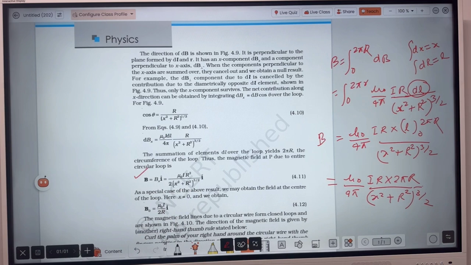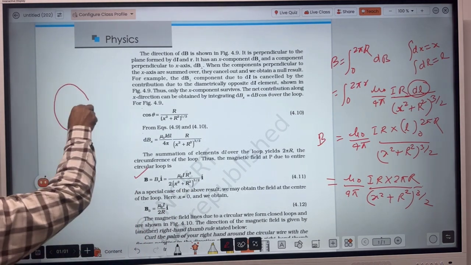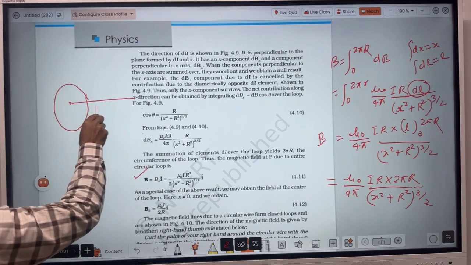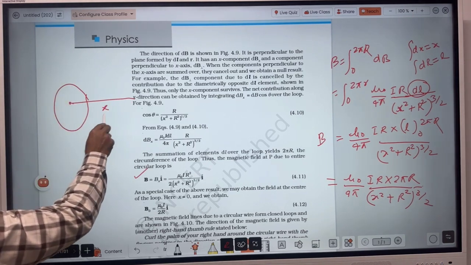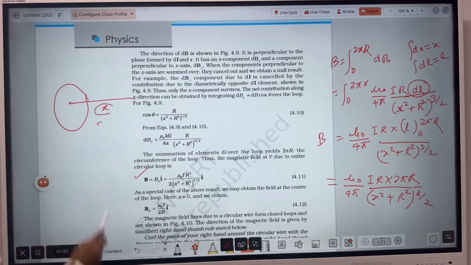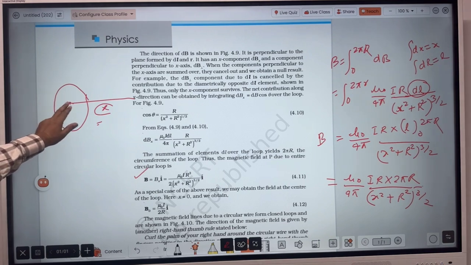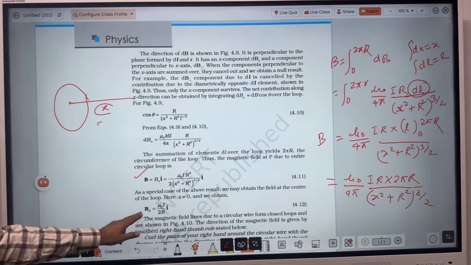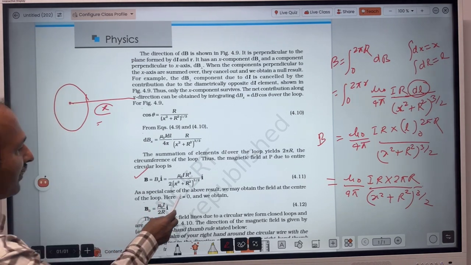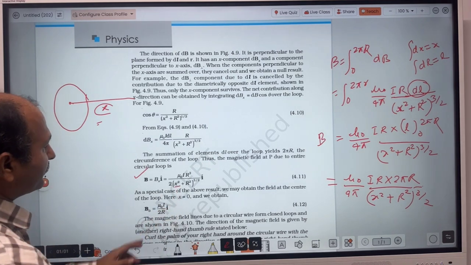Now special case. As you have seen, this point was at x distance from the center of the ring. Now if we keep x equal to 0, then our value of magnetic field will be limited to the center of the ring. So magnetic field at the center of the ring will become, here this term will become 0.